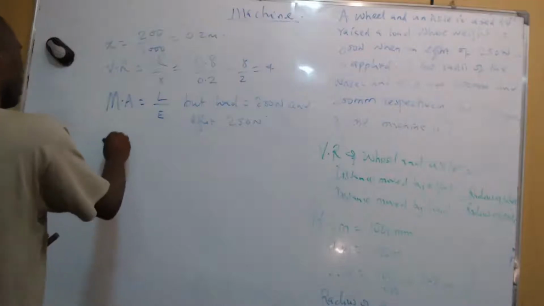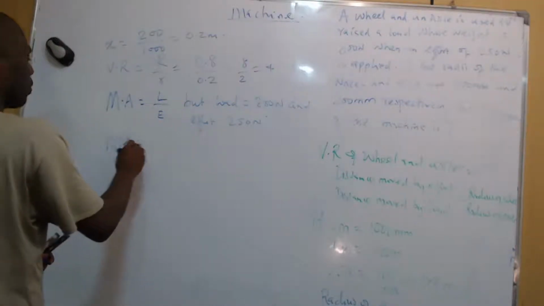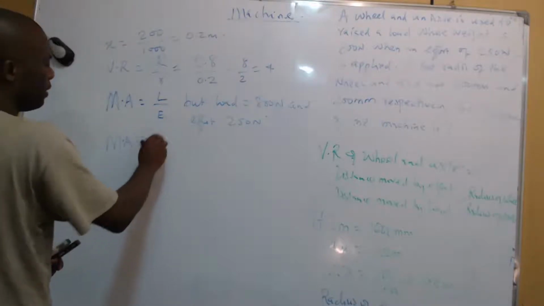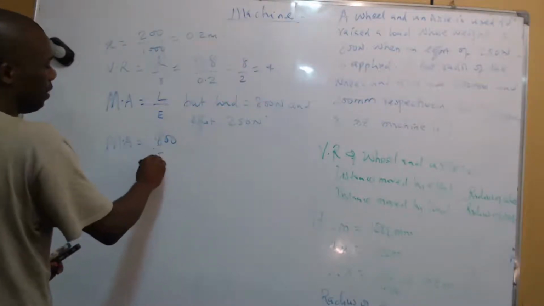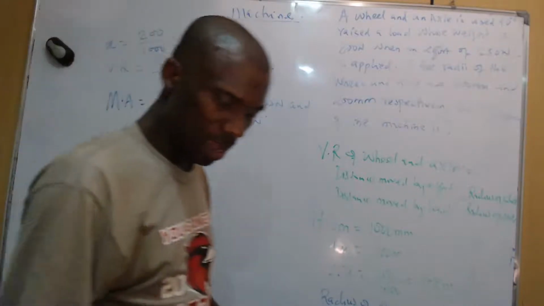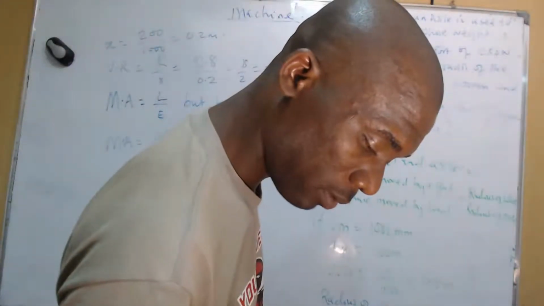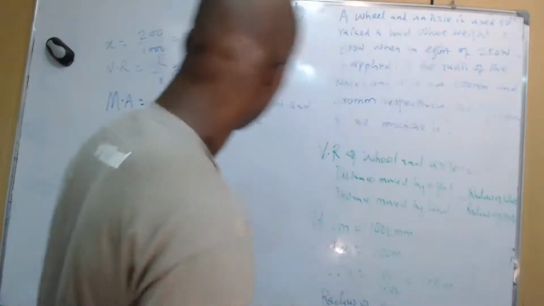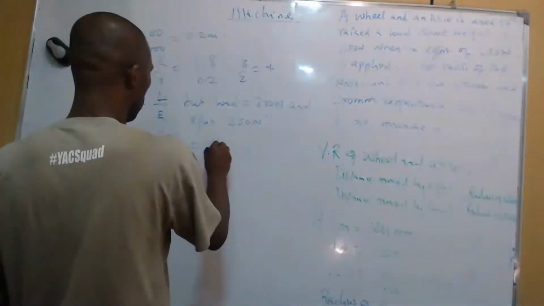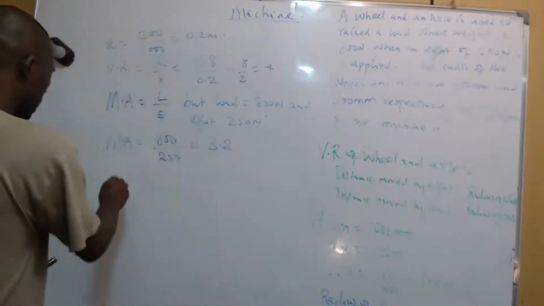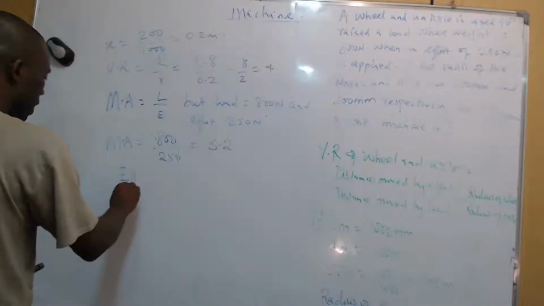So MA is equal to load, which is 800 divided by 250. This will cancel this. We are having 80 divided by 25. It will give us 3.2. No unit.